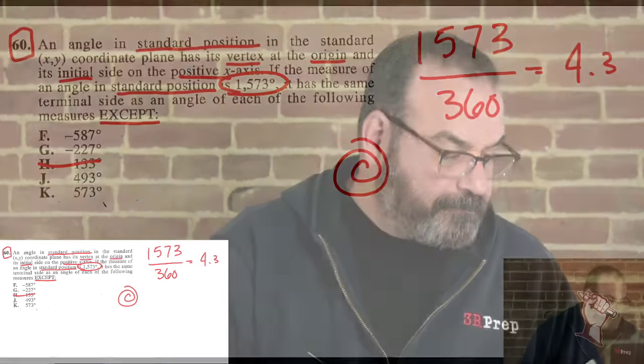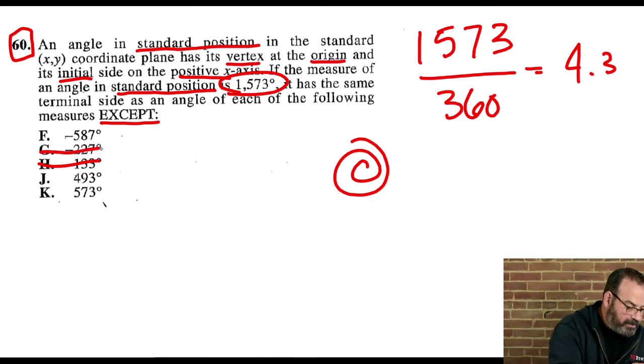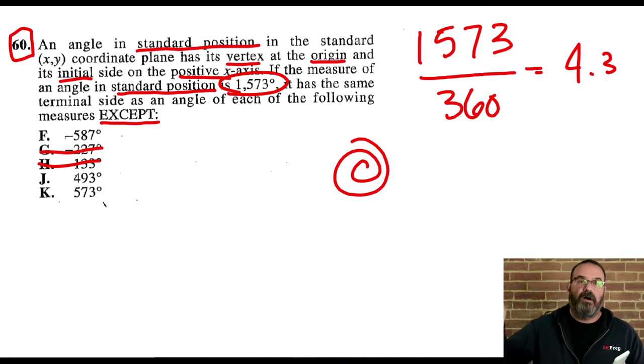So this wants to know which angle isn't equal to 1,573. All right, well, let's subtract 360 and go in the opposite direction, and that's negative 227. So I want 133, then I want negative 227.